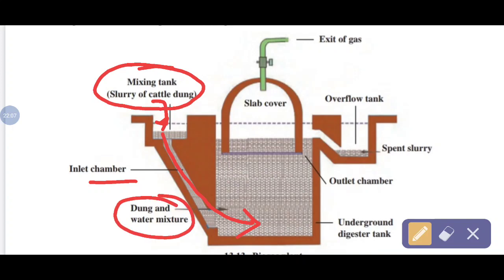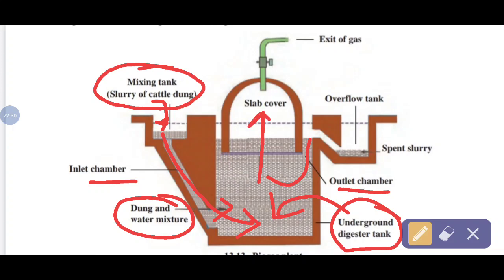Check the level given here. Then this underground tank is the digester tank. Then the outlet chamber. After the gas is produced, because gas is lightweight, it is filled in this slab cover, and from this outlet chamber the slurry is removed.